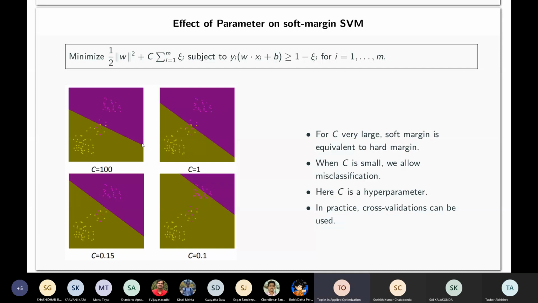Yeah, and then as you decrease this more and more, I'm allowing more and more misclassification, because if I see here, how many misclassifications I allowed, right? Let's see. C is small, we allow for misclassification. So C is small here. So more are misclassified, right?